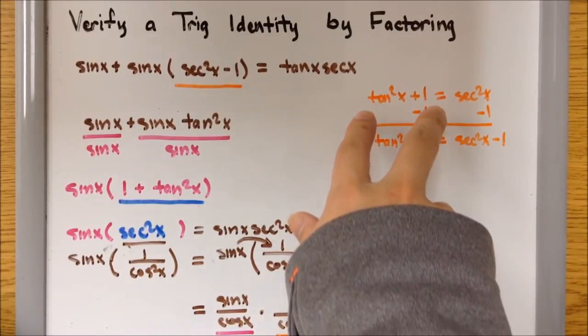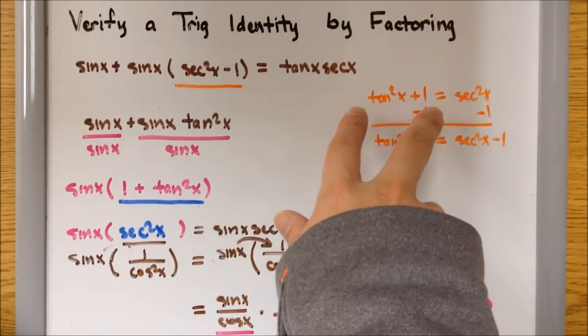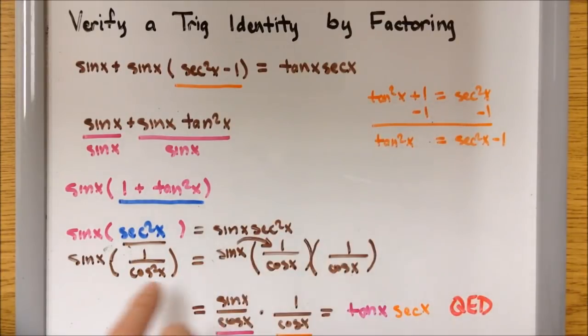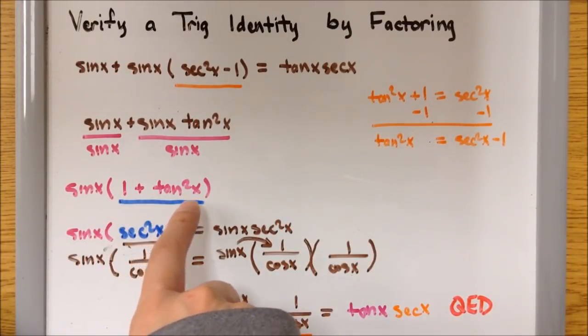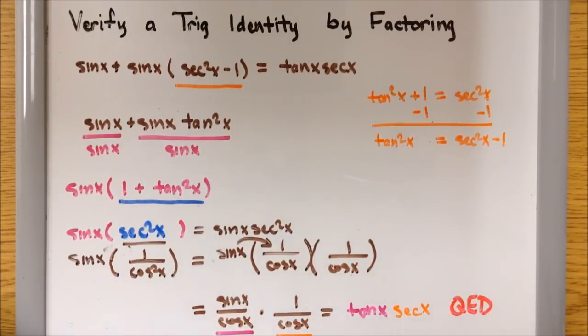You can use, or should I say reuse, the Pythagorean identity, changing 1 plus tangent square of x into secant square of x. So there are times you might end up using the same Pythagorean identity or the same quotient identity or the same reciprocal identity to make your work easier. So just keep an eye out on what you can do to make the work simpler when you're trying to find the answer when it comes to verifying trig identities.